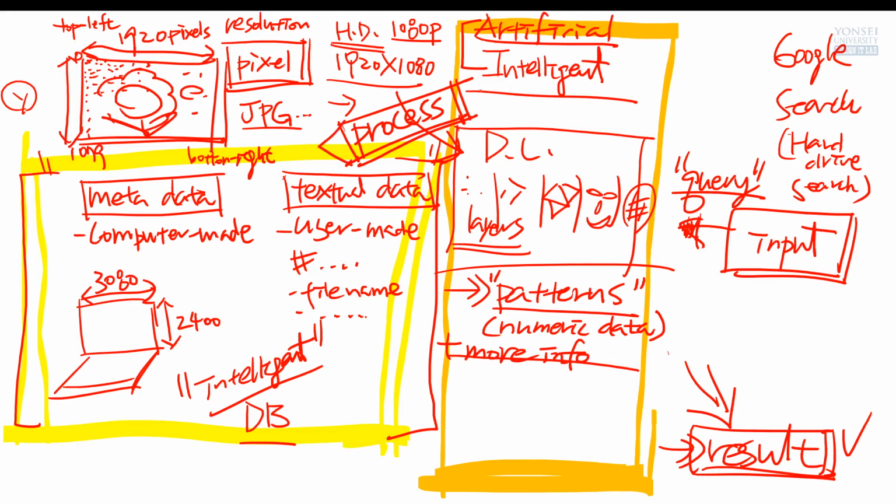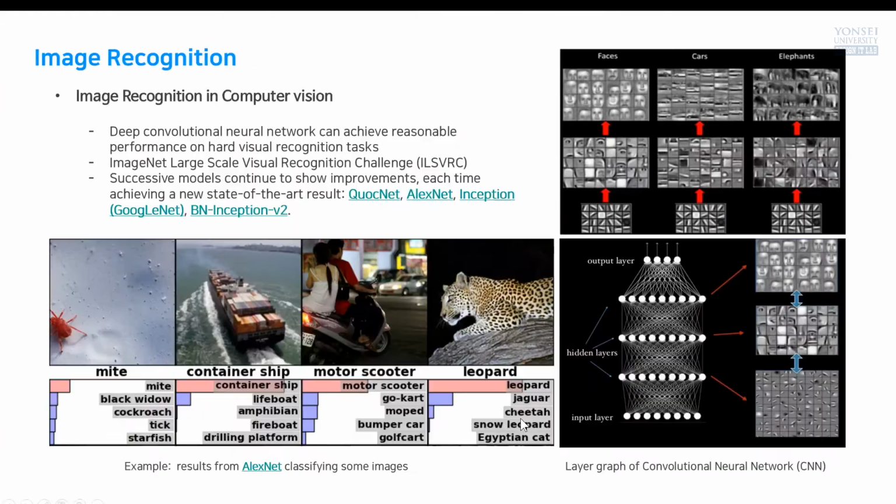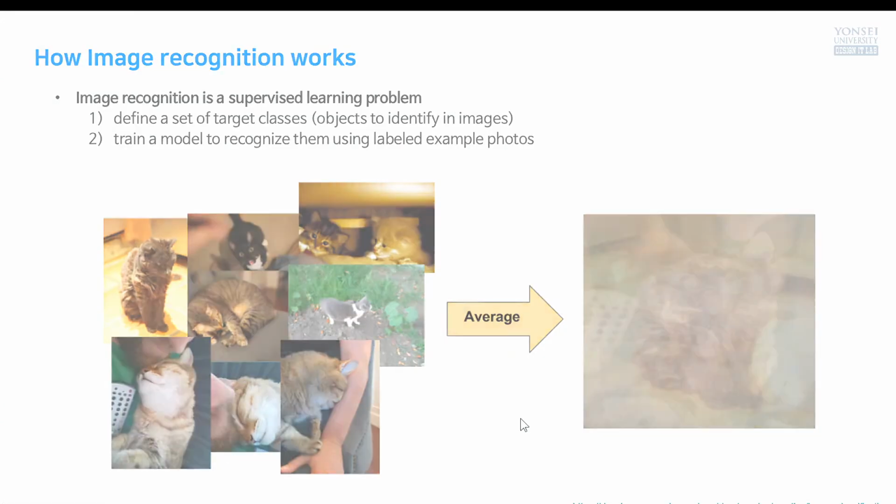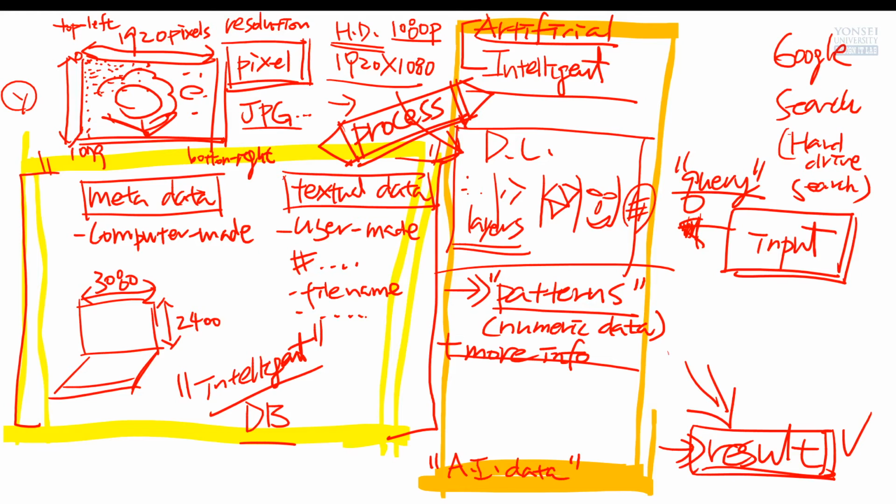Whatever it is, thanks to this processing, computers have additional data, so-called AI related data. I don't know if this is a good term or not, but the point is, this is the appended data from existing data, and then we can query the data.